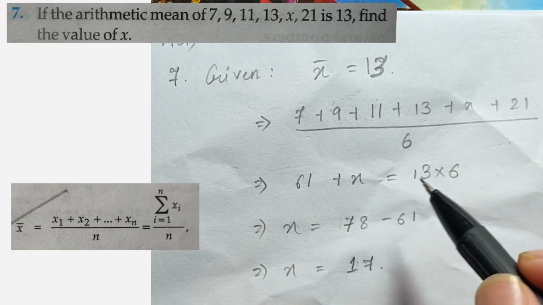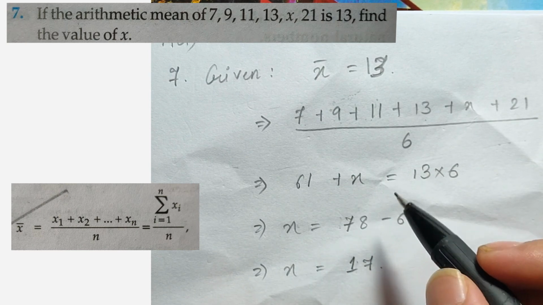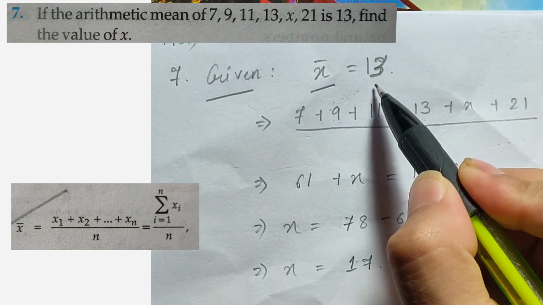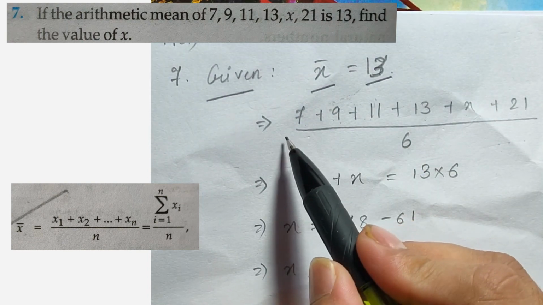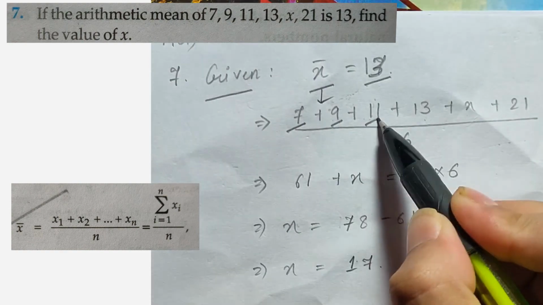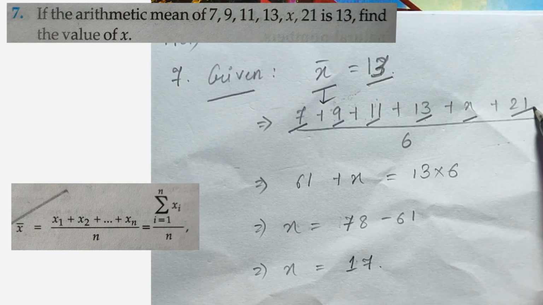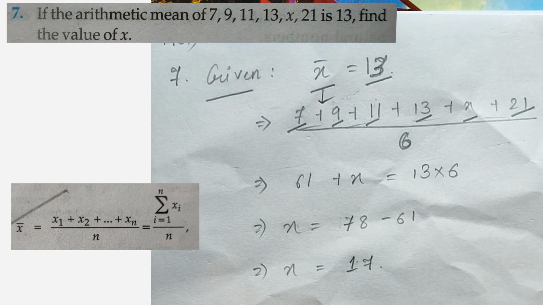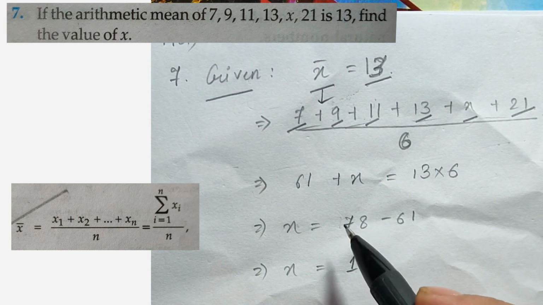Let us do one more numerical shown on the left hand side of your screen. The question is, if the arithmetic mean of 7, 9, 11, 13, x, 21 is 13, find the value of x. Here it is given that the mean is 13. If you substitute in the mean formula, you get 7 plus 9 plus 11 plus 13 plus x plus 21 divided by 6, since there are 6 numbers, should be equal to 13. The formula is shown on the left hand side of your screen.